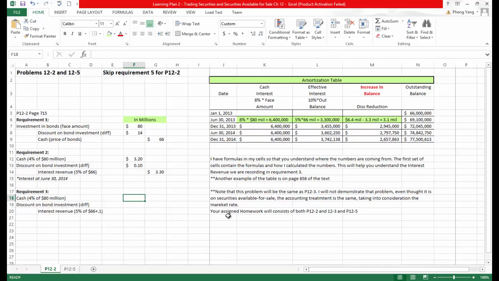Okay, hold on here. So I didn't double check this earlier, but let's do this here. 4% times 80. Okay, let me just get my decimals in here. All right, let me just cross-check my numbers.